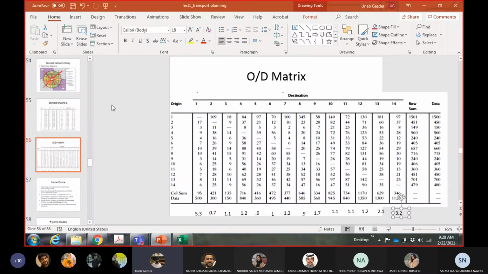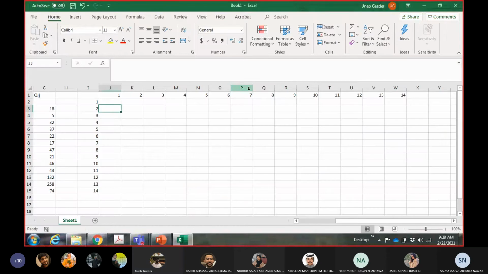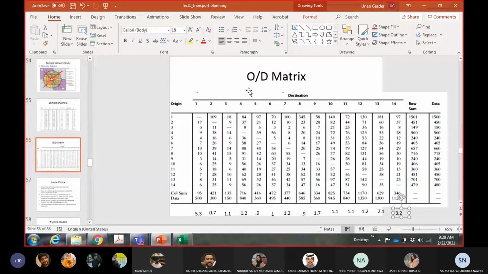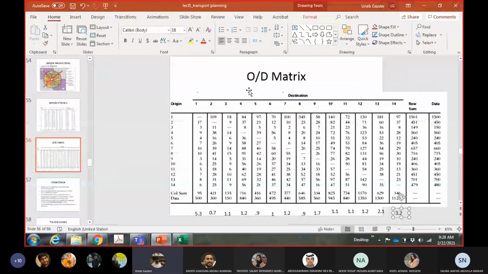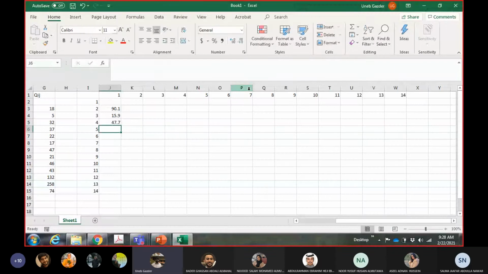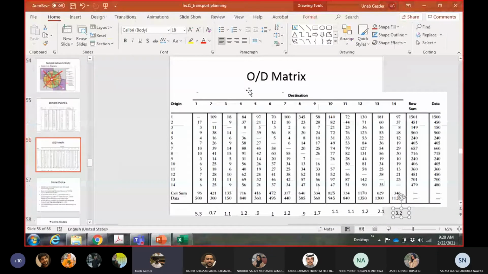Let us do column by column. So 17. Then 9 into 5.3. Then 4 into 5.3.